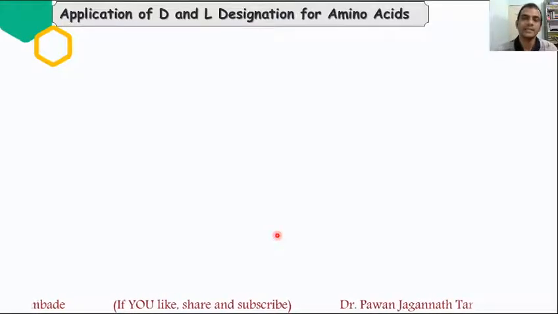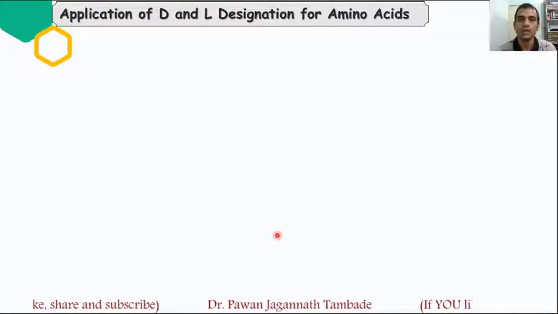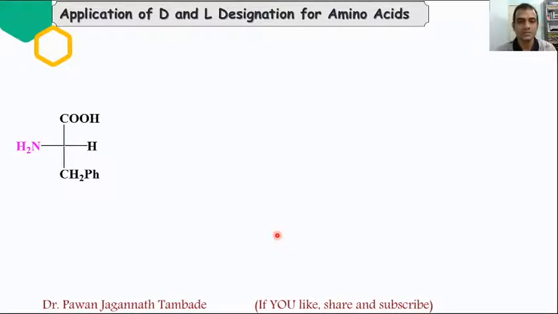This DL system is also applicable to amino acids. Although in amino acids we do not have OH, there is an NH2 group, and on the basis of the position of the NH2 group, we call them either L amino acid or D amino acid. So let's look at some examples.